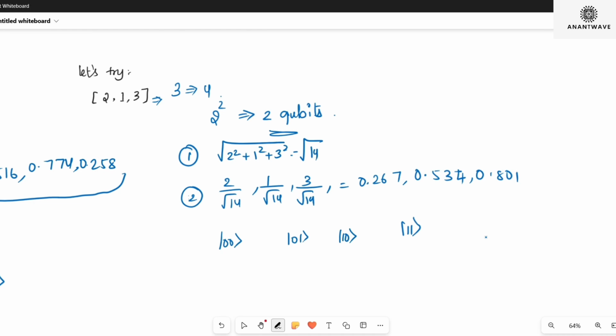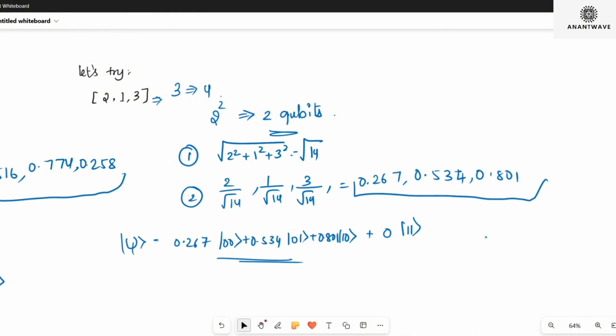So these will be the amplitudes. We have three amplitudes, so the fourth amplitude will be 0. 0.267 ket 00 plus 0.534 ket 01 plus 0.801 ket 10. So this is the quantum state after encoding with amplitude encoding.